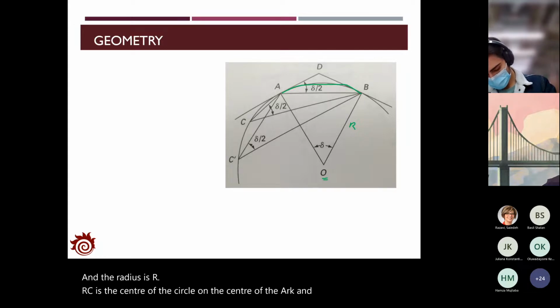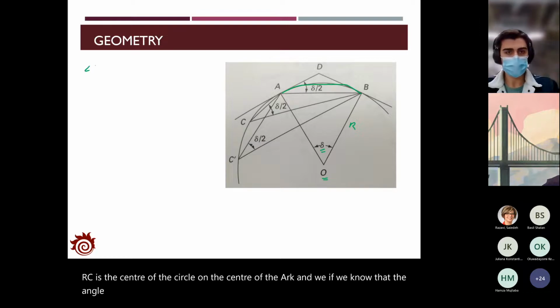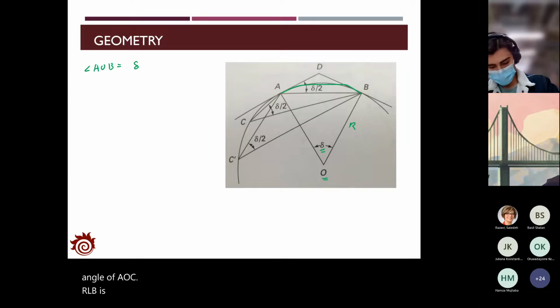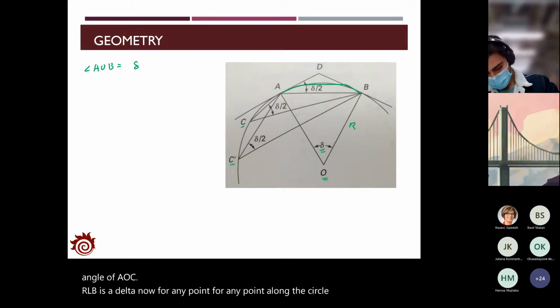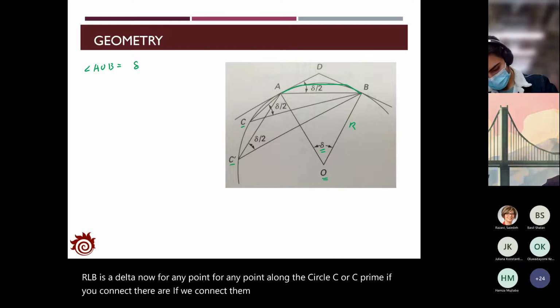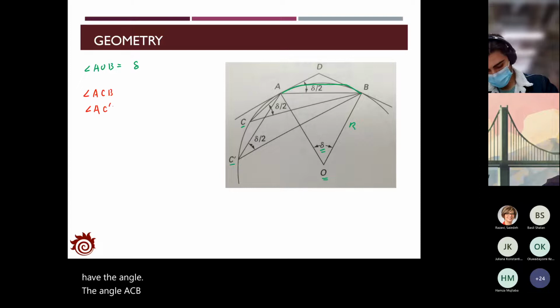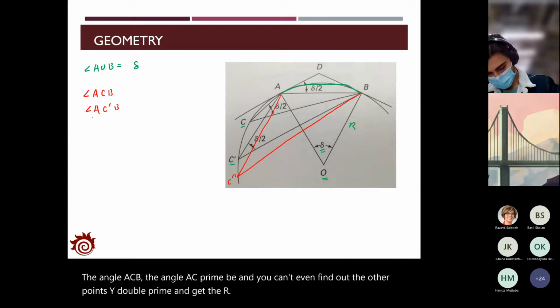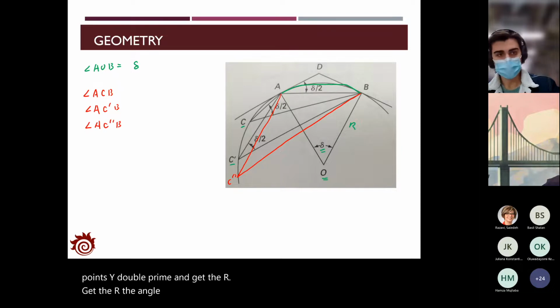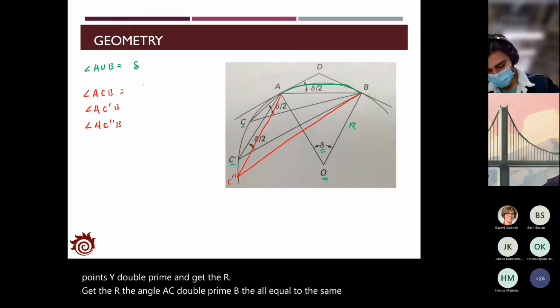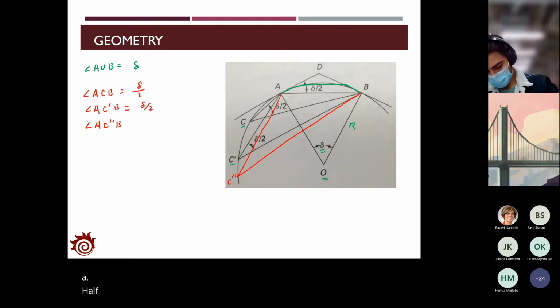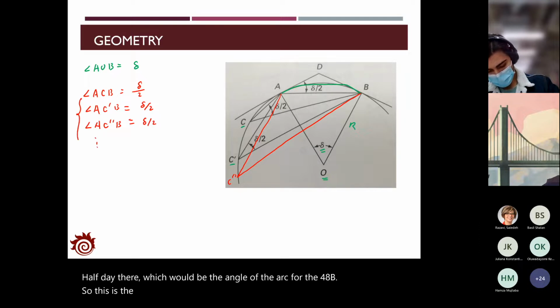If we know that the angle AOB is delta, then for any point along the circle, C or C prime, if we connect them together from A to B, you have the angle ACB, the angle AC prime B, and you can even find another point C double prime and get the angle AC double prime B. They all equal the same value, half delta, which is half the angle of the arc from A to B. So this is the property of the circle.